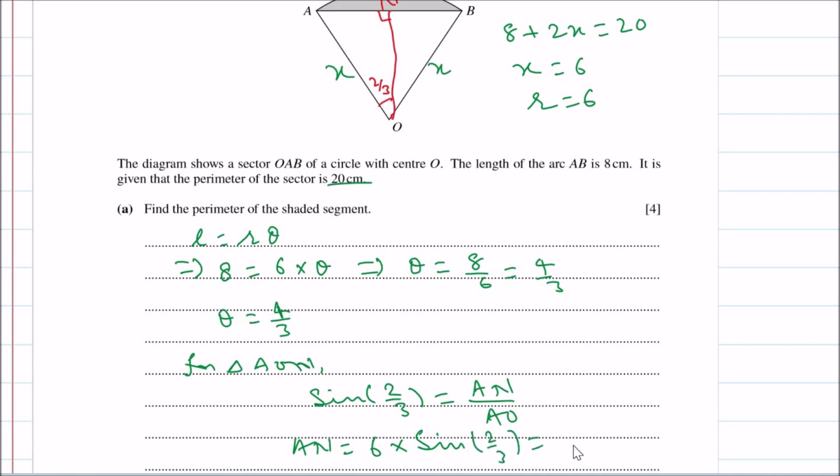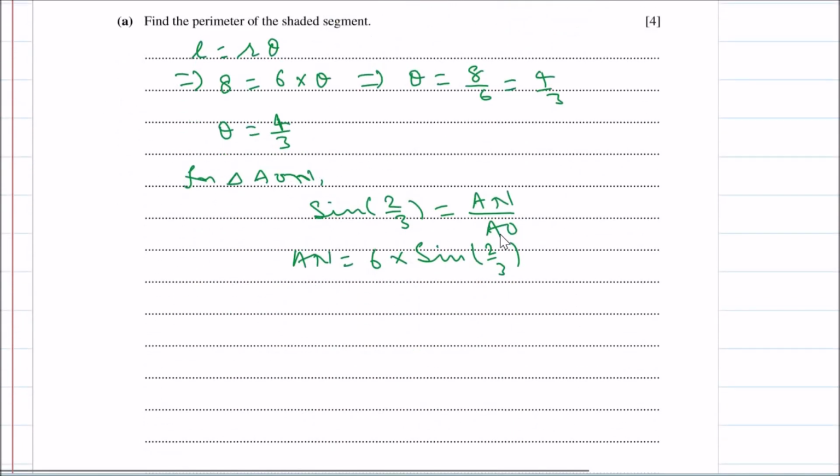Let it be like this. We don't need to simplify here. We can go further. Now we need to find the length of AB, so we need to double it.